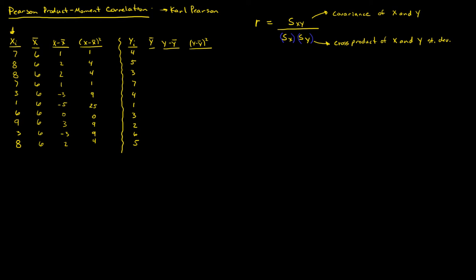So how do we get this numerator piece, this S sub xy? Let's break that down. S sub xy equals the sum, and this is where the product moment piece comes in for the Pearson correlation, the sum of the x minus x bar multiplied by the y minus y bar, divided by n minus 1.